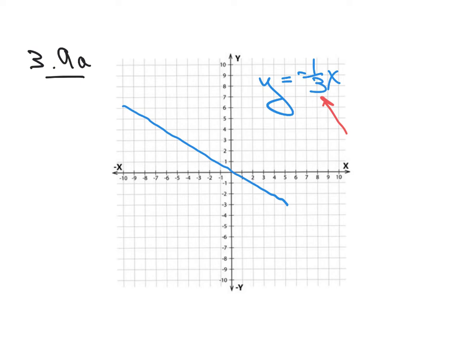If we add a number to this, so if we put a +4, it means that it will translate 4 units up. 1, 2, 3, 4. So it will be the exact same line, same angle, same slope, only it will go through 4 instead of 0, 0.